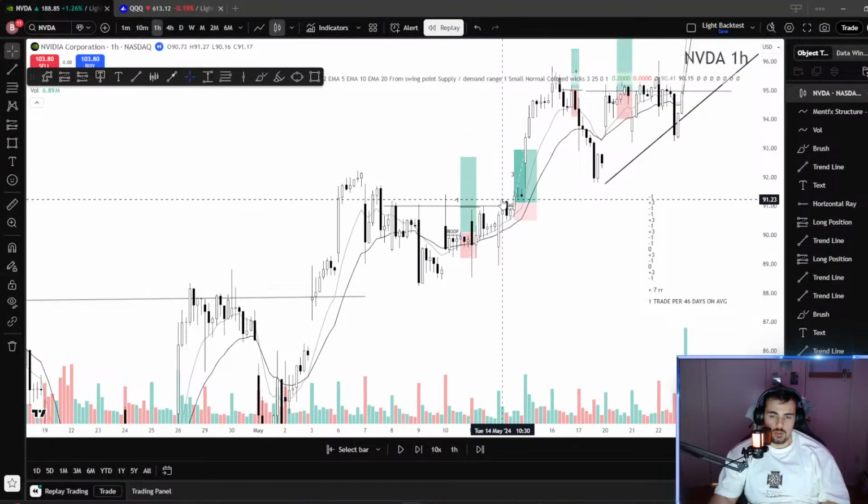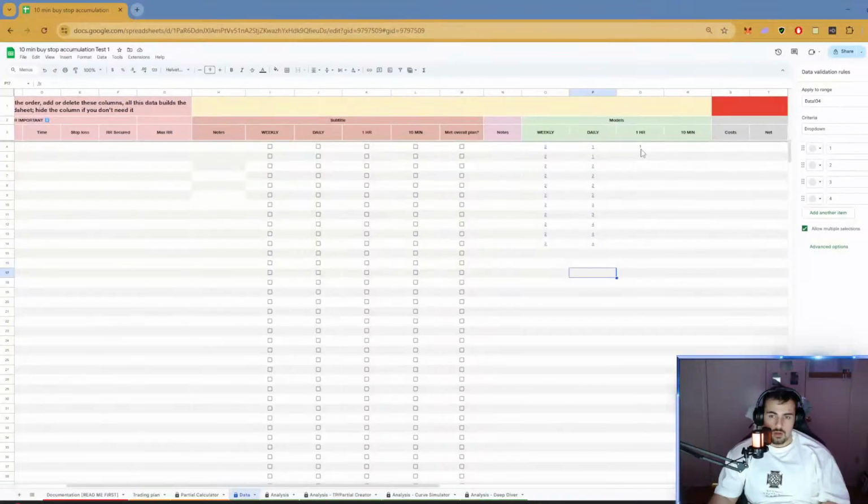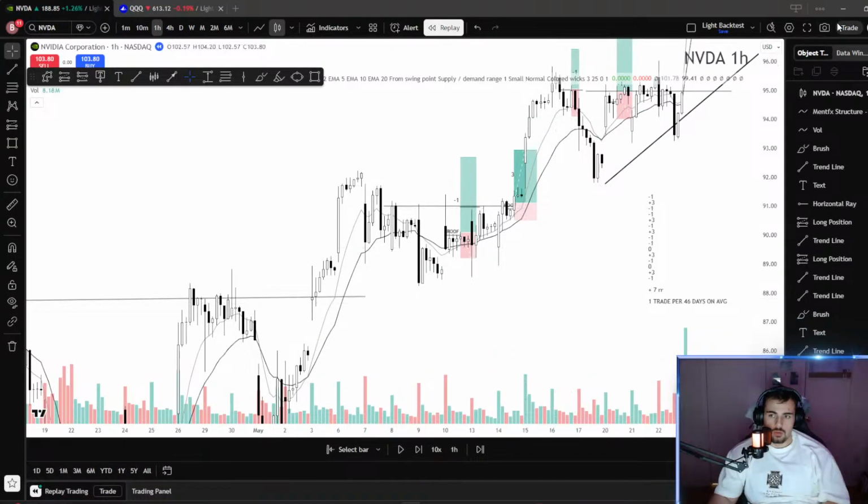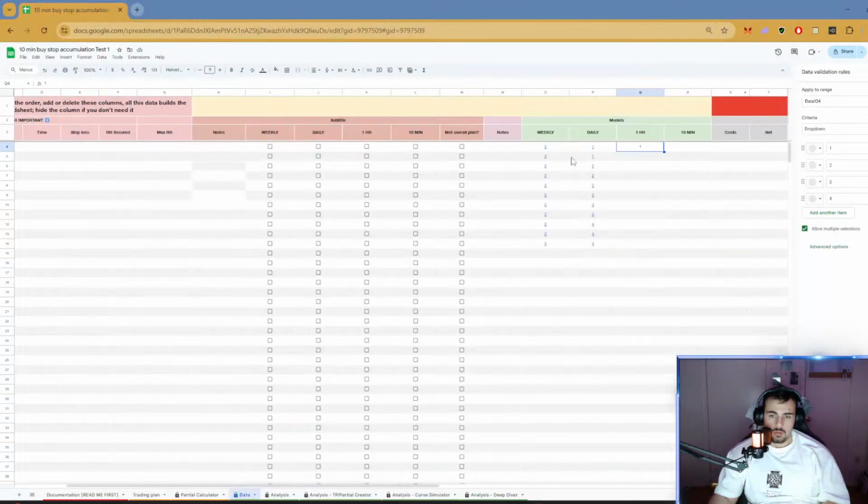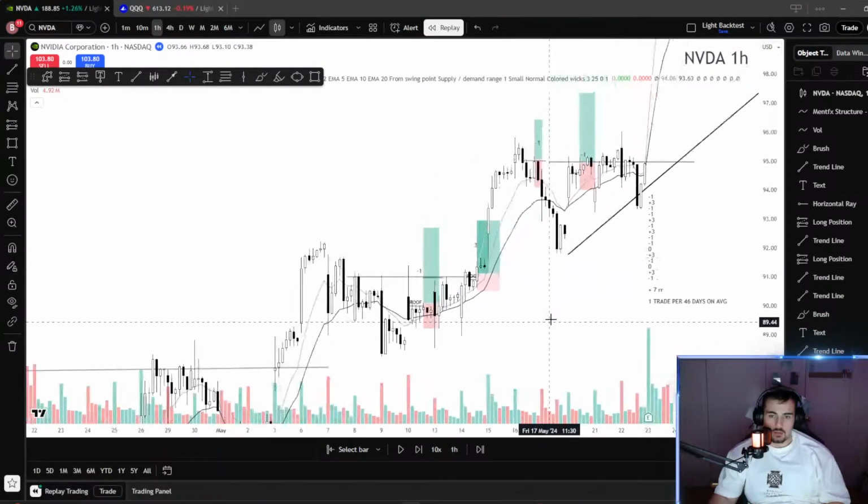So I thought this would then be a new first high to be ran on the 1 hour. So I'm going to label that as one, and then the next one as one as well. Then this one up here would be two.